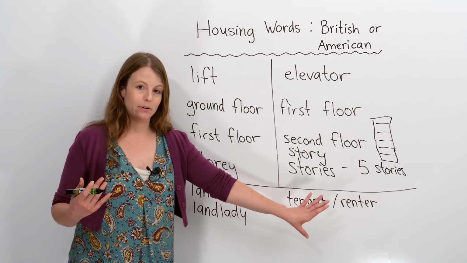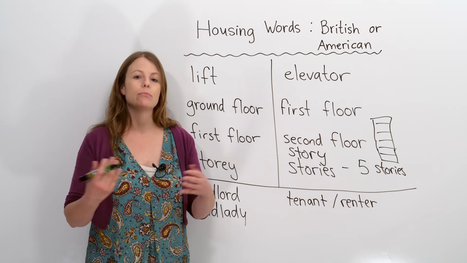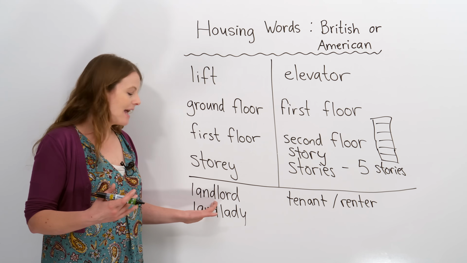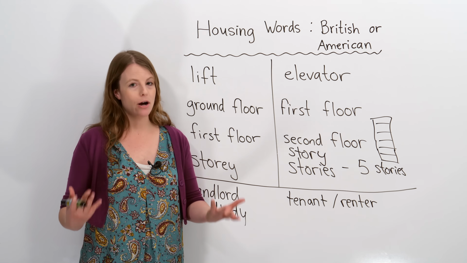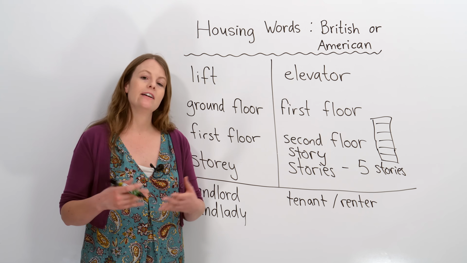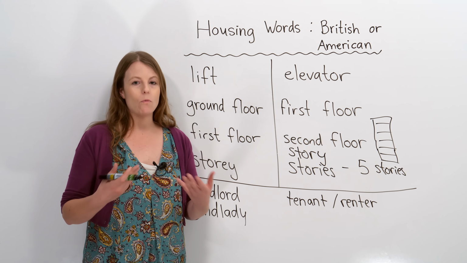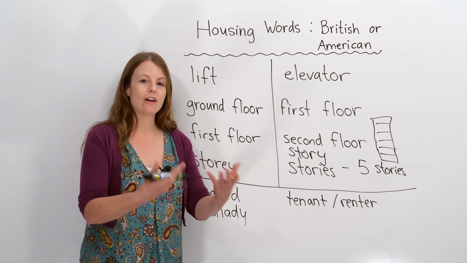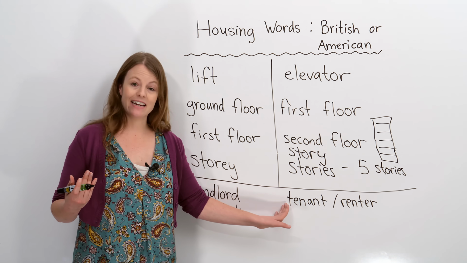These are all people, and we use these words in North American English and in British English. A landlord is the person who owns a property. Maybe they own a house or a building, and they want to make more money, so they rent out maybe a room or an apartment to a tenant.